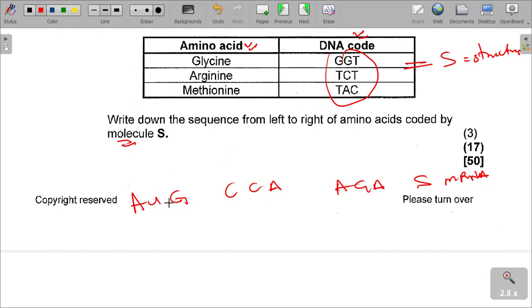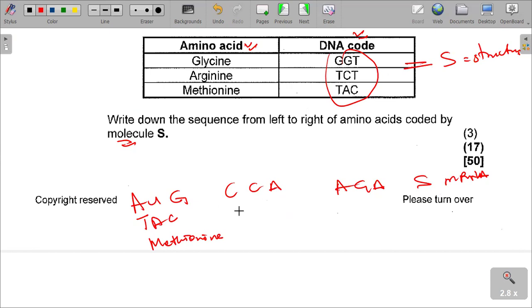So AUG is going to be TAC, which is methionine. And then you see this is CCA.